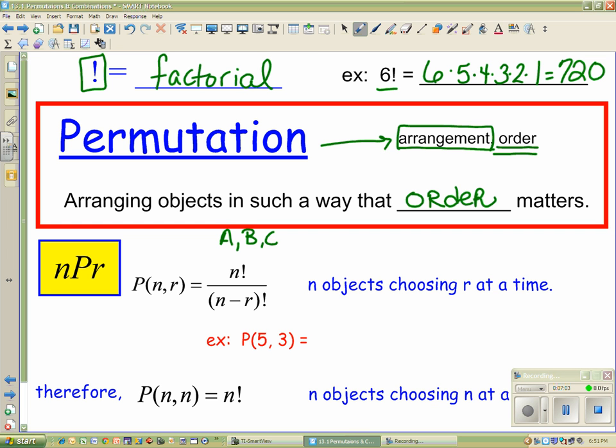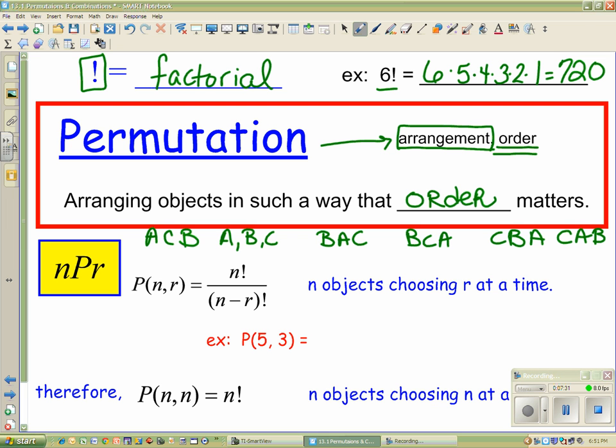I could have ABC as one way. I could have BAC as one way. I could have BCA. I could have CBA. I could have CAB. And 1, 2, 3, 4, 5. There should be 6 ways. I'm missing one of them. How about ACB? All of those are considered unique ways of ordering things. Thus, each of them is a permutation.